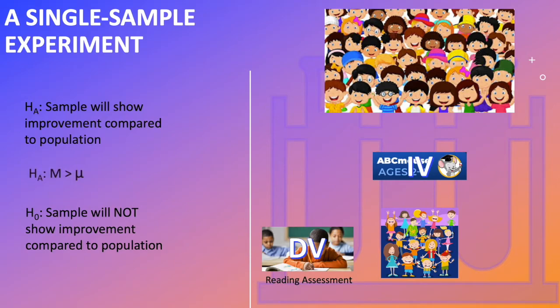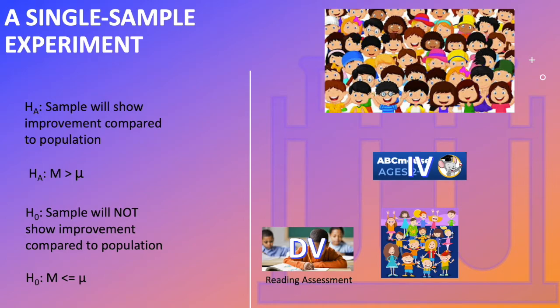Now, the way we would write that would be something like this. The alternative hypothesis is that the sample mean, capital M, is greater than the population mean represented by the Greek letter mu, remembering back to last semester. Now, the null hypothesis is always the opposite of that: there was no effect. But to best describe that the sample will not show improvement compared to the population, we have to say that the sample mean is either equal to or less than the population.